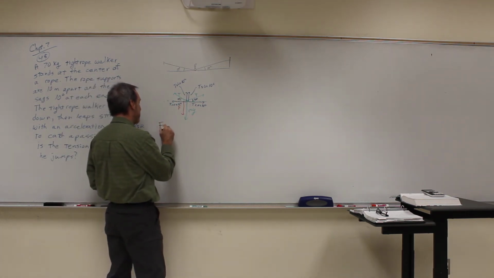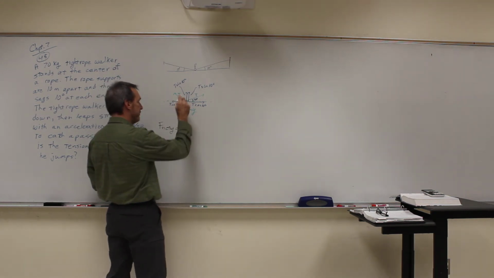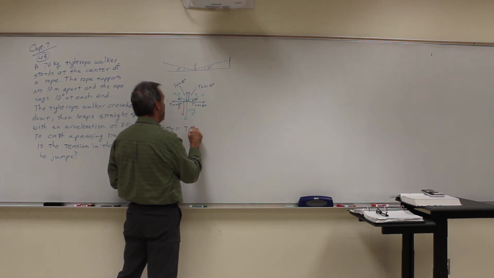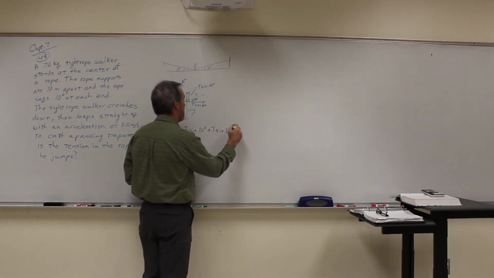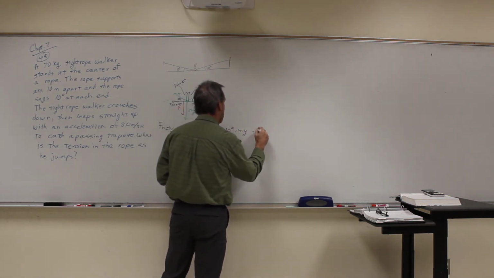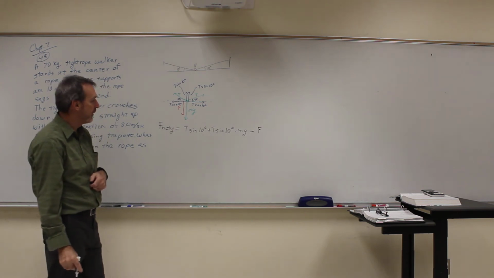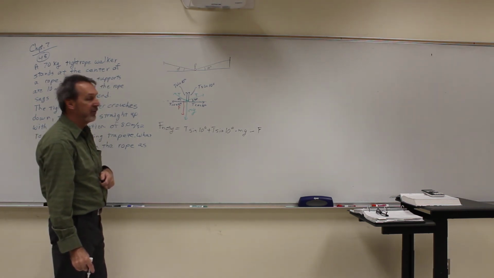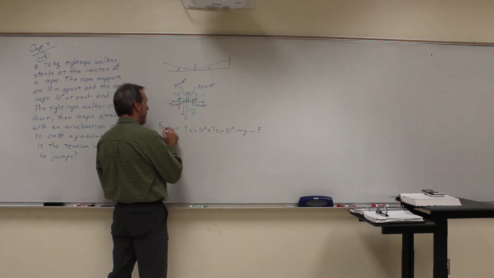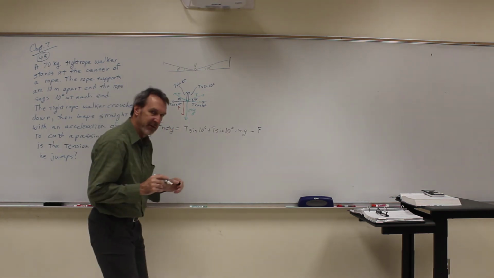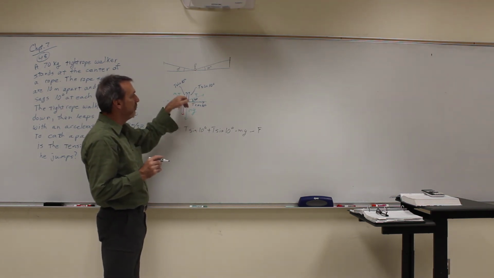So we're going to do F net y is equal to T sine of 10 degrees plus T sine of 10 degrees minus mg minus F. That's his applied force. We want to solve this for T. Now right when he's jumping, he's accelerating, but the rope is not.